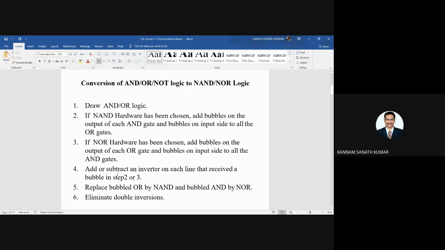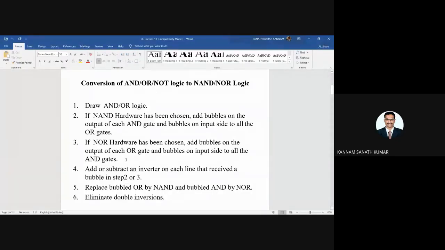Next, in step 2 and step 3, wherever you are receiving a bubble, you have to add an inverter on each line. After adding the inverter, replace the bubbled OR by NAND, and replace the bubbled AND by NOR.